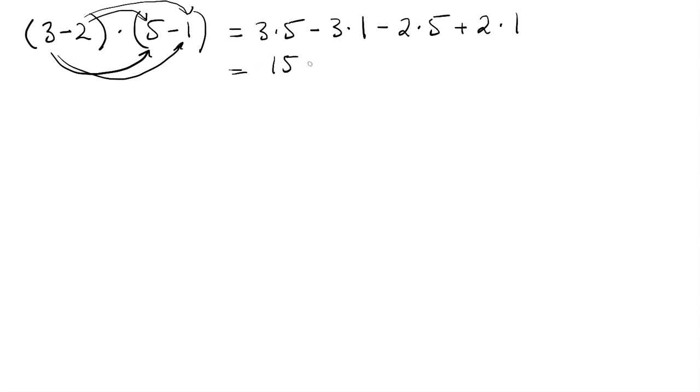So this is 15, 3, 10, and 2. So 15 minus 13 plus 2, so that's 4. Of course, in this case, it would have been much simpler to do the parentheses first. This is 1, and this is 4, so 1 times 4 is 4. But this is just to illustrate how it works.